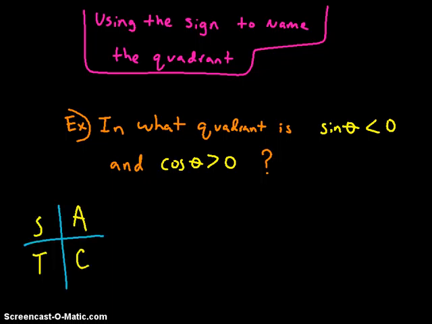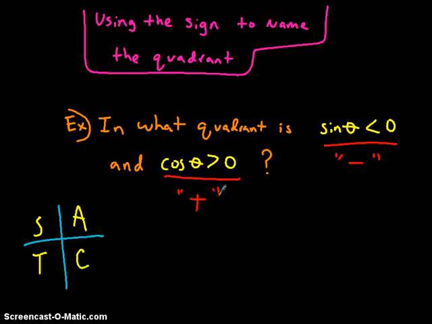So hopefully you started off by writing this acronym with the quadrants of all students take calculus. And we decide, what sign is this? Sine of theta is less than 0, so this definitely is a negative sign. And then this one says cosine of theta is greater than 0, so this is definitely a positive sign.